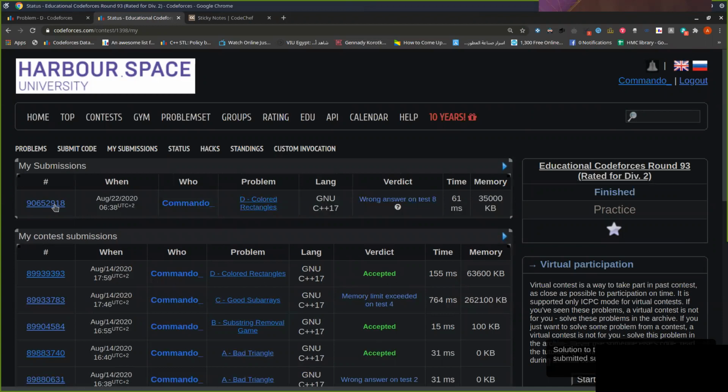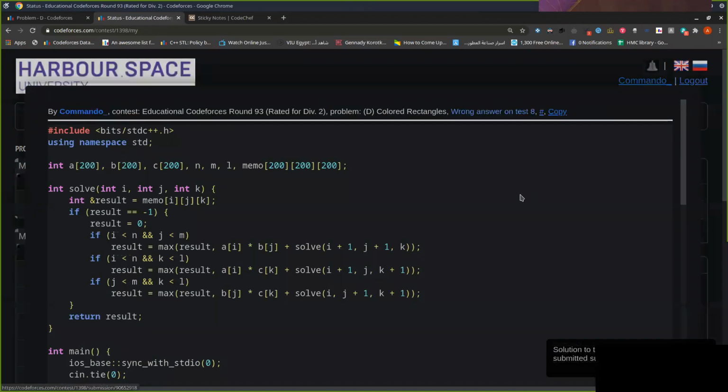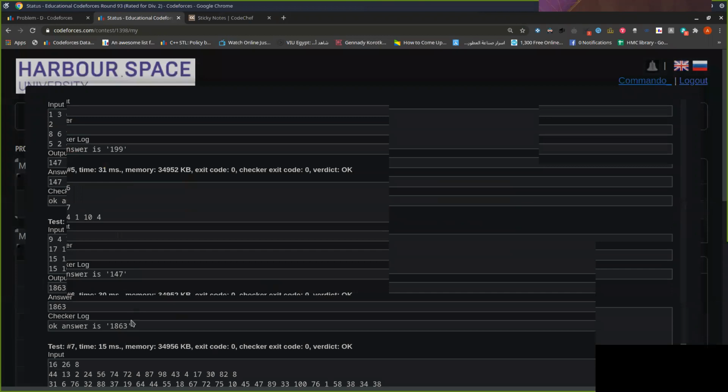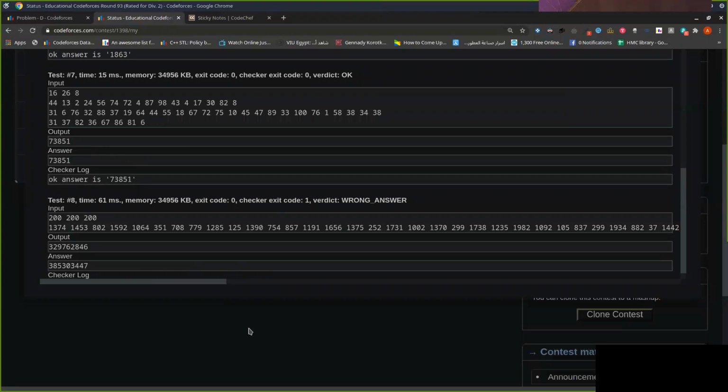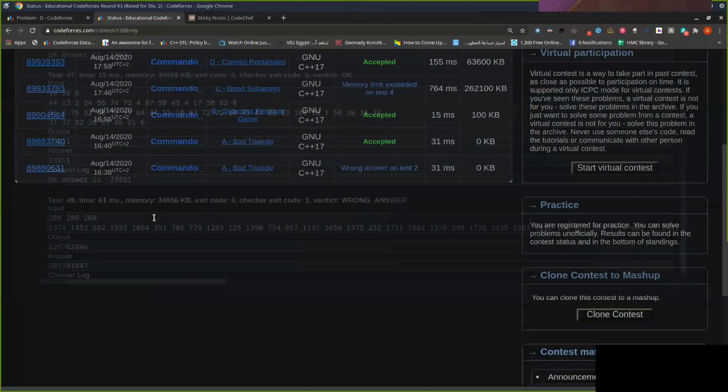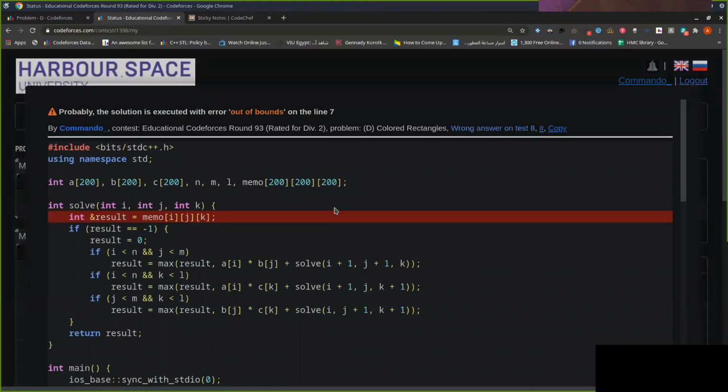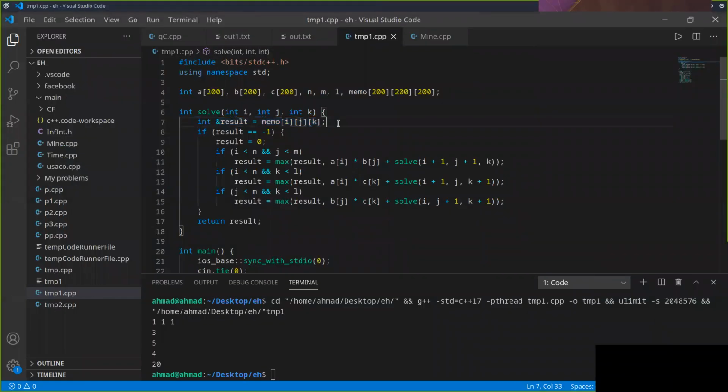There should be a bug here. At this line, there could be out of bounds here.